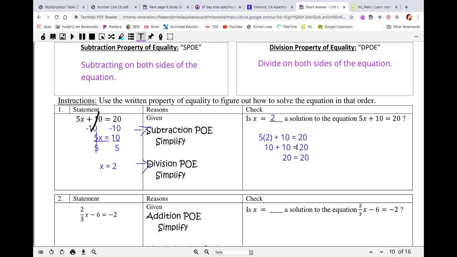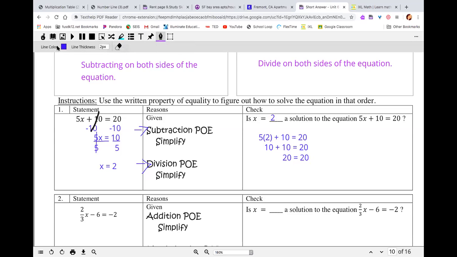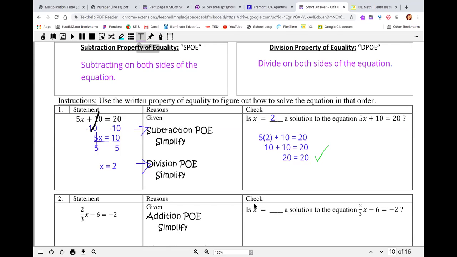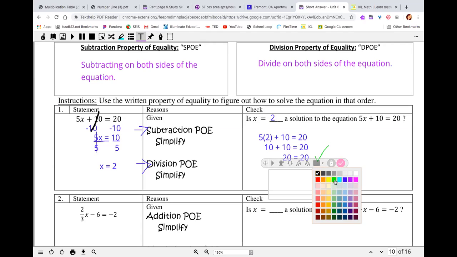But we want to simplify all the way to the bottom. So does 20 equal 20? Yes. Cool. So put a check mark here. We can write true. That means I did it correctly.